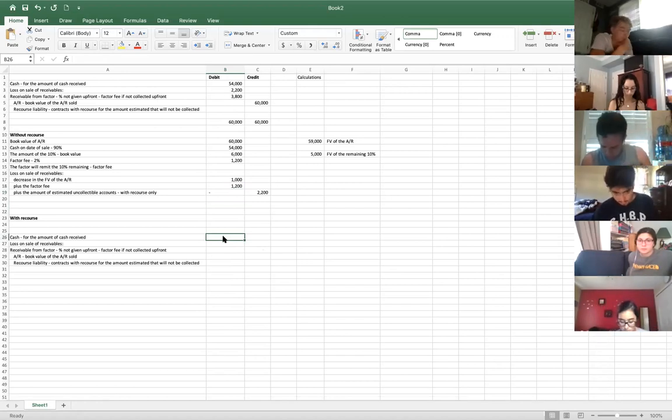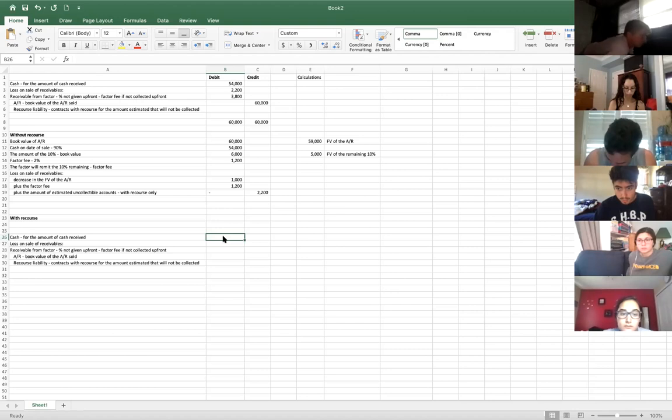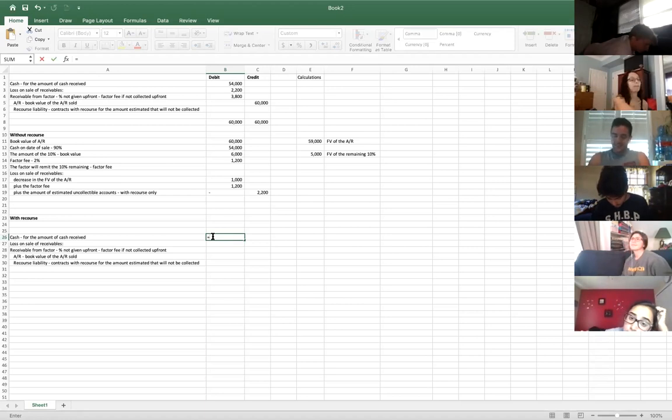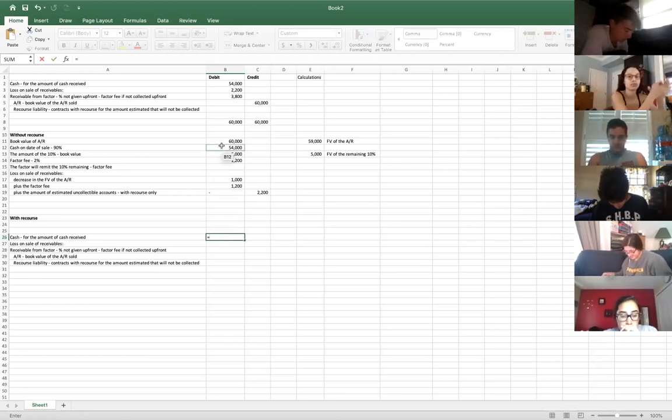So your first debit is going to be cash, and that's going to be 52,800. Okay, great. Now, how did you get the 52,800? Well, you're going to take out 12% that is going to be retained by the factor, because they're taking the 2% out off the top, and then they're also taking their normal 10%. Okay, so they're going to remit to us the 90%, right? Yes.